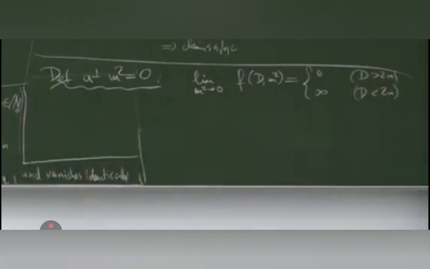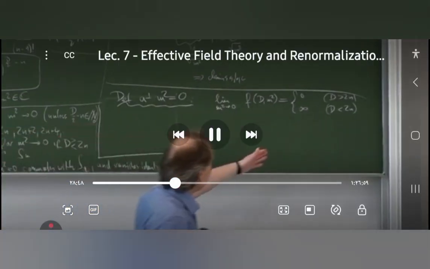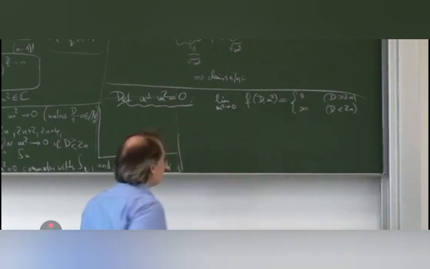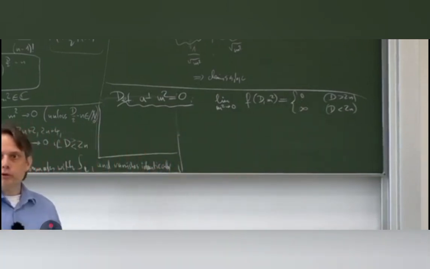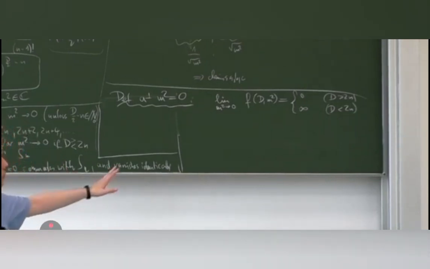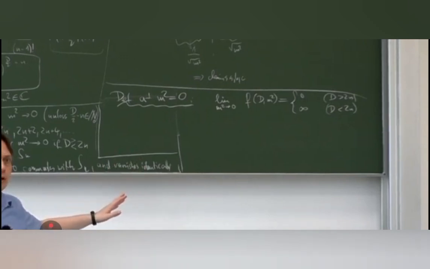And so the limit is not equal for all values of d. In fact, the limit is discontinuous. If you just look at the limit, then there is a discontinuity of the limiting behavior as a function of d. But now we work in dimensional regularization, and dimensional regularization has the recipe, or basically postulate, that the integrals are always analytically continued from a region where they are defined.